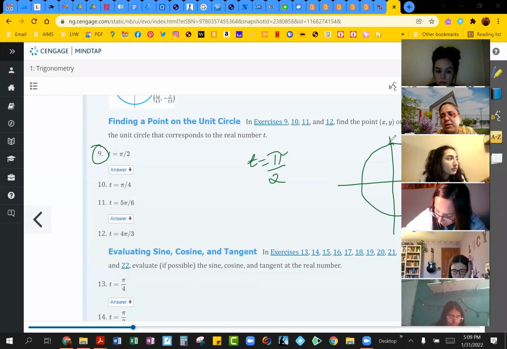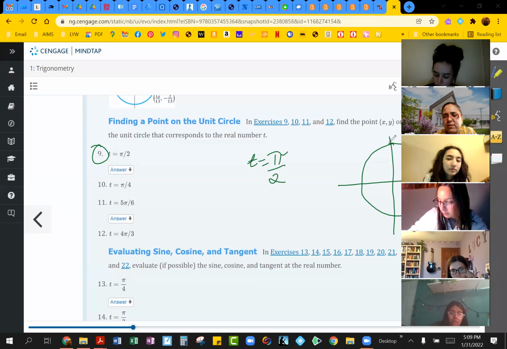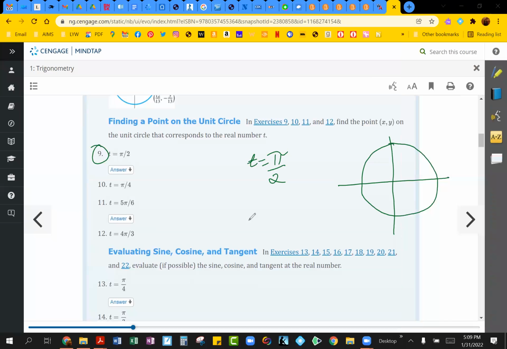Or you can always convert it to degrees if you're still not comfortable with the positioning of the radian angles. So where will our pi halves be on the unit circle? At 90 degrees, yes, very nice. So pi halves is 90 degrees.